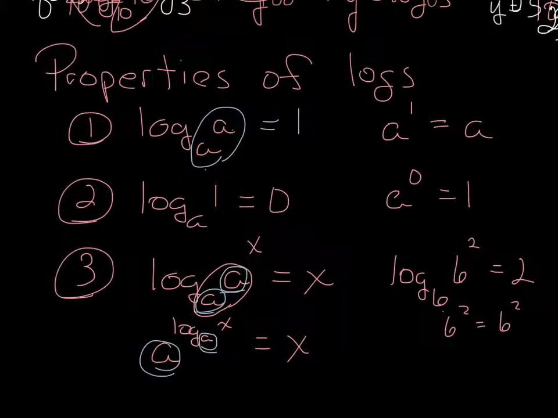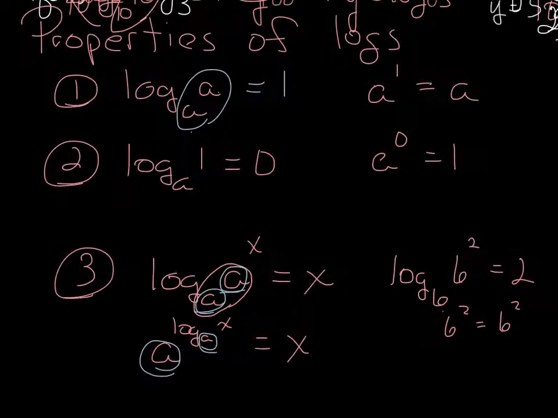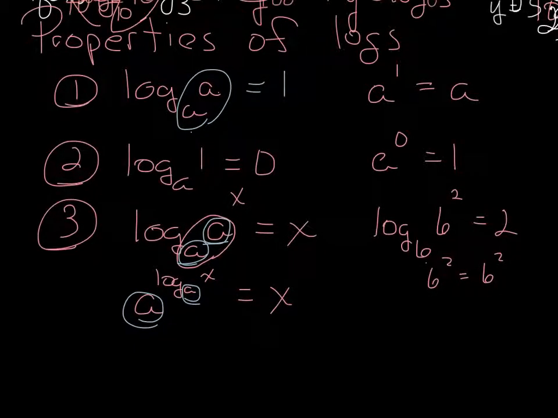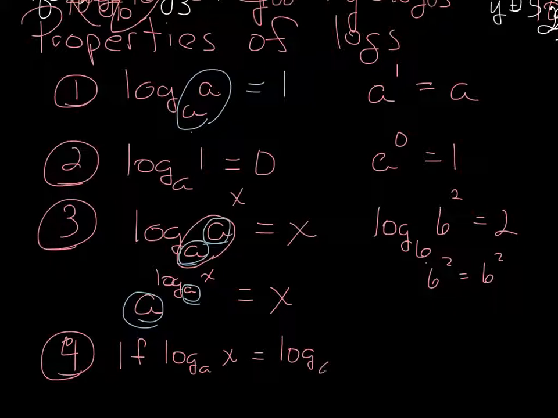And then one more property that says if the log base a of x equals the log base a of y, then x equals y. This again is the one-to-one property.